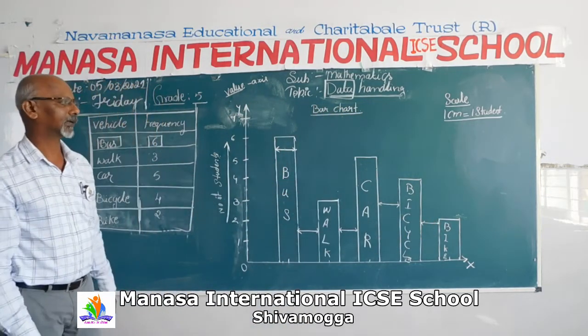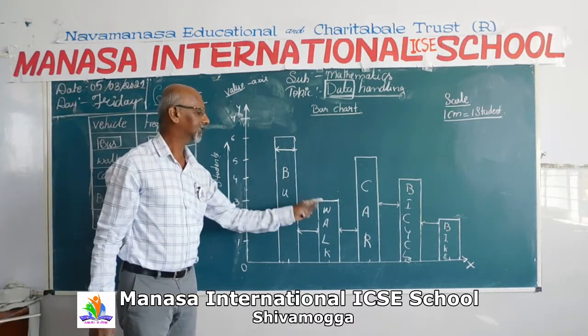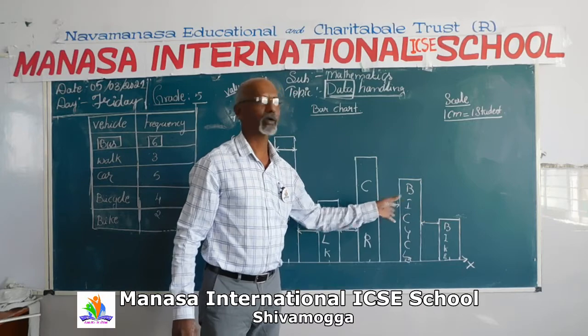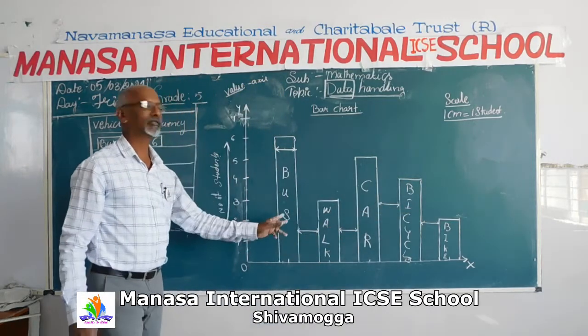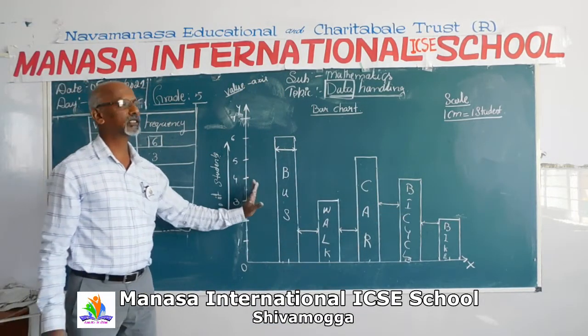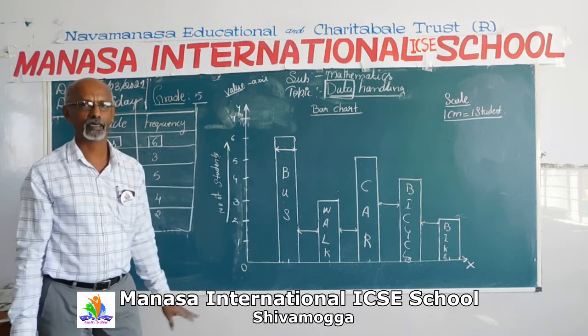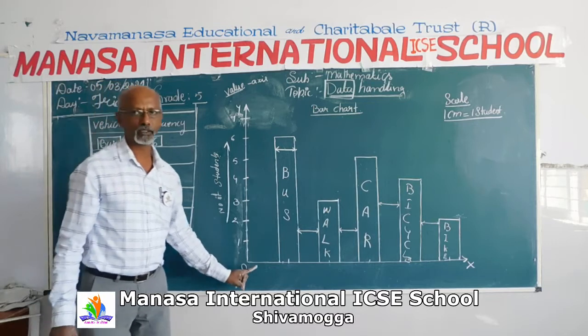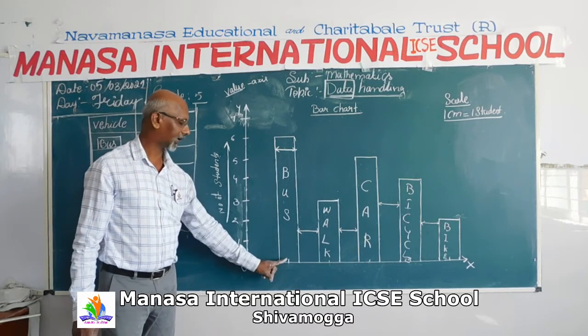Otherwise, you are losing the marks. This one is thick, this one is thin, this is fatter, the distance is more or less. If you do like that, definitely you are losing marks. So this is what we call a bar chart. These points you should know. The first one is you draw perpendicular lines like this.